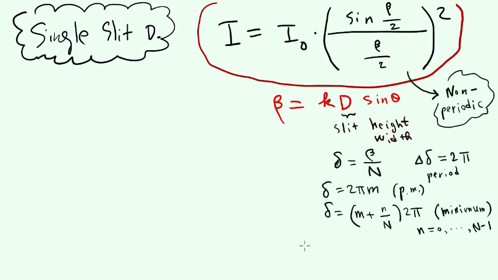In this case, these minimum values correspond to increments of delta of 2 pi over n, so in terms of beta, that increment should be 2 pi. And so here is the graph.